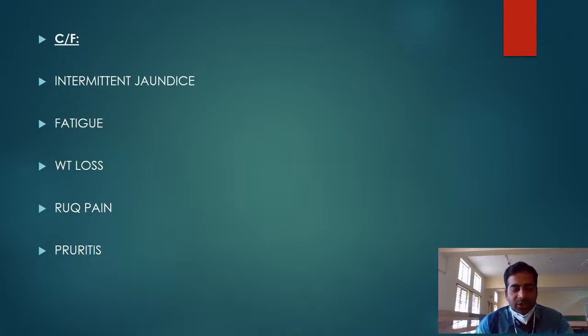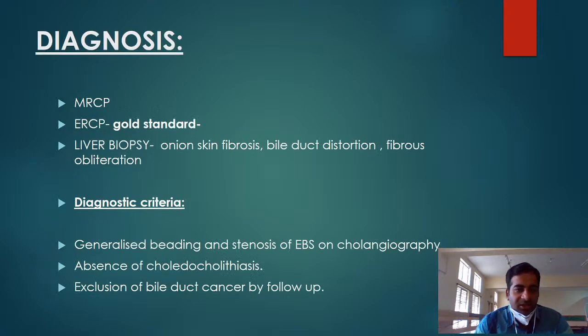So clinical features: you have intermittent jaundice, fatigue, weight loss. The patient may have right upper quadrant pain and pruritus. Diagnosis: MRCP can be done.